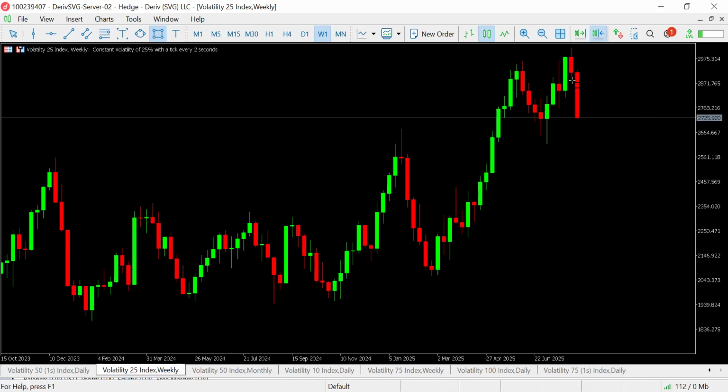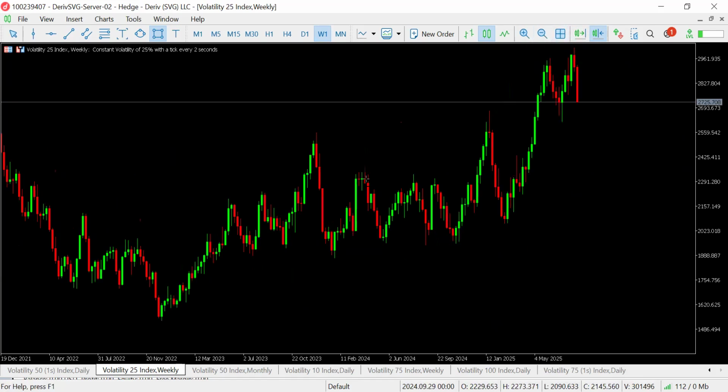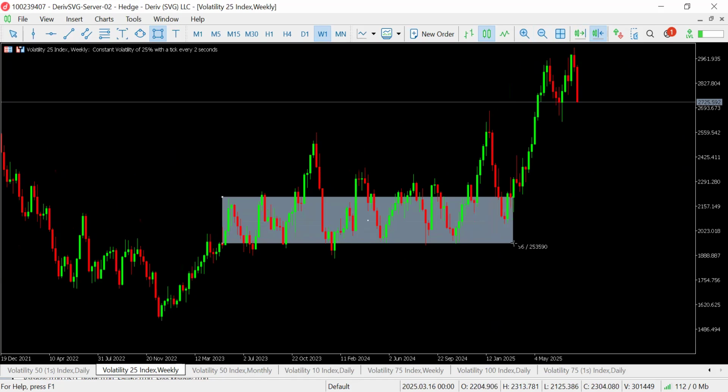Now, from the weekly time frame, we can see that the highs and the lows look much clearer. How do I mean? Now we can see that the market made a high, made a lower high, a higher high, made a double bottom, and then went into a range on this part of it. So the market ranged for a while and then finally made a new high.